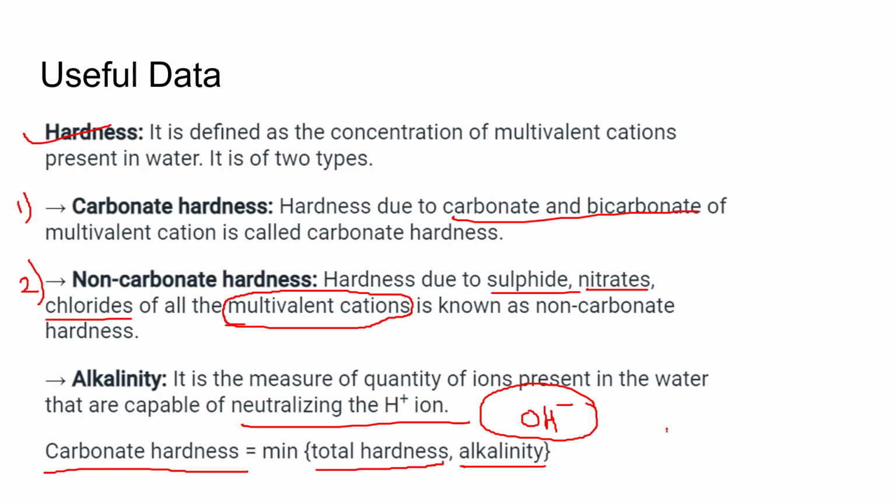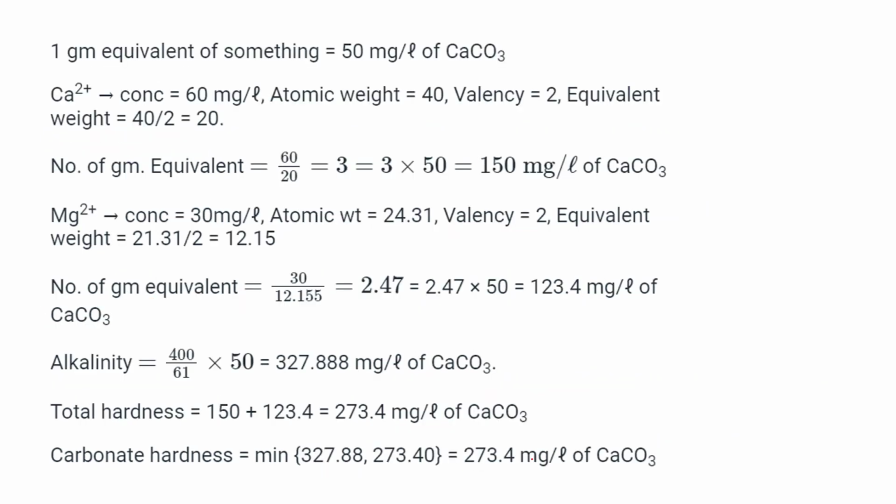Sometimes non-carbonate hardness remains 0, so the total hardness becomes equal to the carbonate hardness, right? So in that case the total hardness will be the carbonate hardness, and sometimes the carbonate hardness becomes equal to the alkalinity.